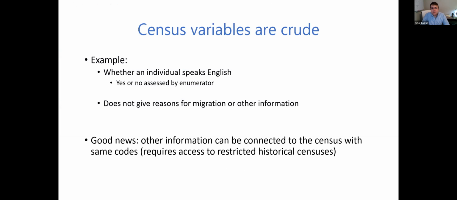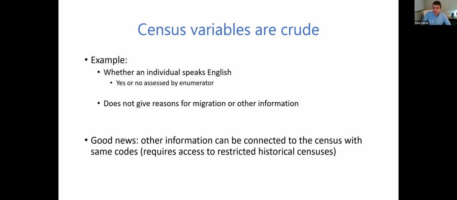But one problem whenever we're trying to use censuses to track migrants is that a lot of variables are incredibly crude. For instance, most of the censuses ask immigrants whether or not they can speak English, right? This was just a yes or no variable assessed by an enumerator. So what does that actually mean, that an immigrant can speak English or not?